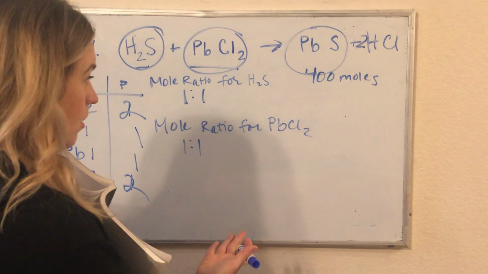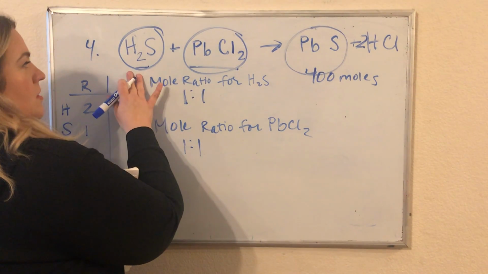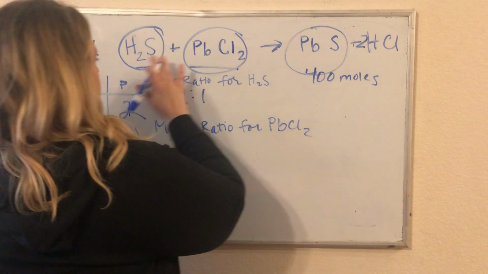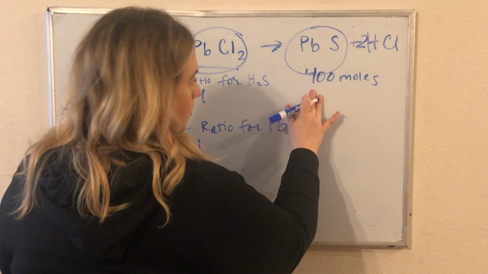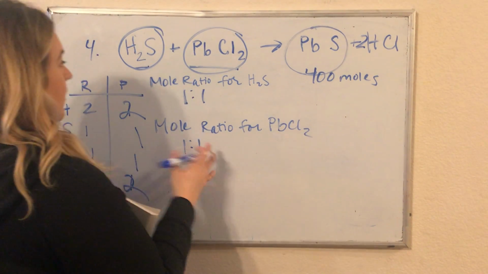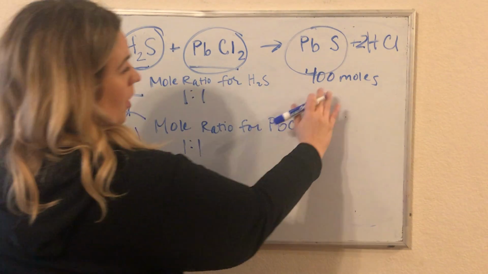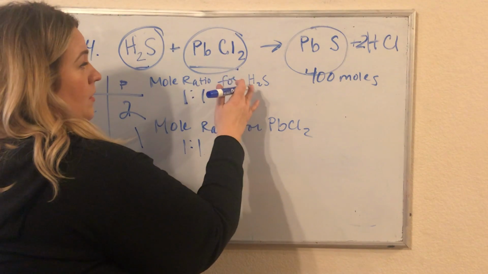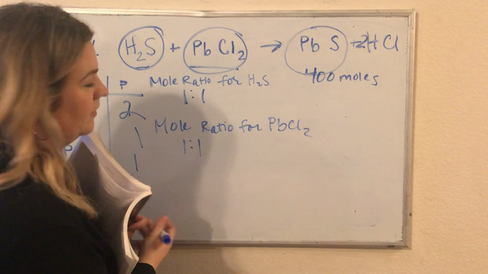So if the mole ratio is 1-to-1, how many moles of hydrogen sulfide? It takes 1 mole of hydrogen sulfide to make 1 mole of lead 2 sulfide. So basically you need 400 moles of the hydrogen sulfide to make 400 moles, right? And you need 400 moles of lead chloride to make 400 moles of lead sulfide.